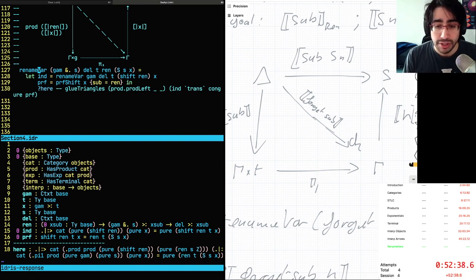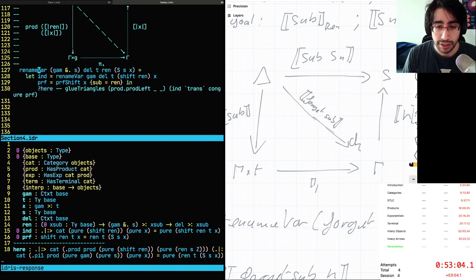So the new type of this thing is saying, if you apply the renaming to the variable s of x, this is the same thing as composing, first of all, the product of this and that, which comes from our definition of renamings, with pi 1 and with pure x.